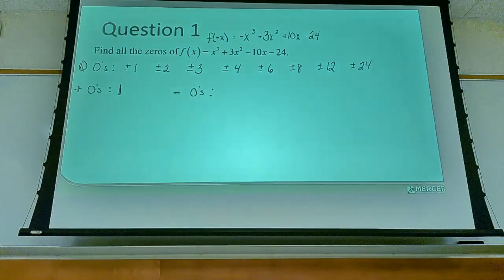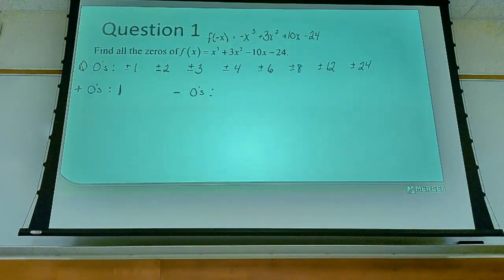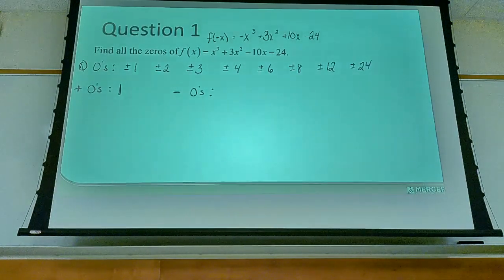Even powers stay the same. Wait, why do you switch the sign? Because I want f of negative x to find the negative zeros. What about 3x squared? What's negative 1 squared? Okay. So the even powers will not change sign when you replace it with negative x. Only your odd powers are going to be changing sign.